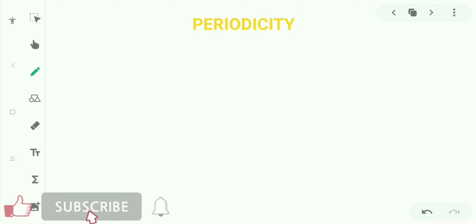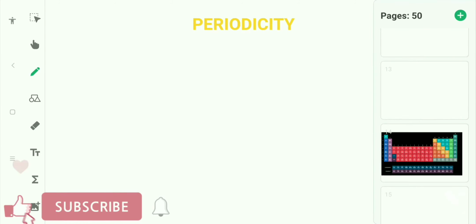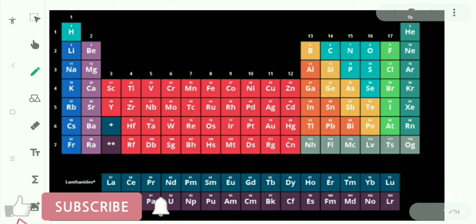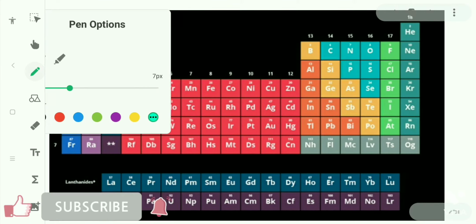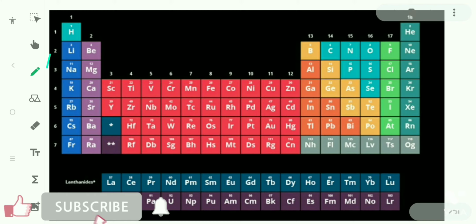Basically, when you take the periodic table and look at hydrogen, lithium, sodium, potassium, rubidium, cesium, francium, what is this group name? Do you remember? In the previous class I told you this group name is alkali metals.